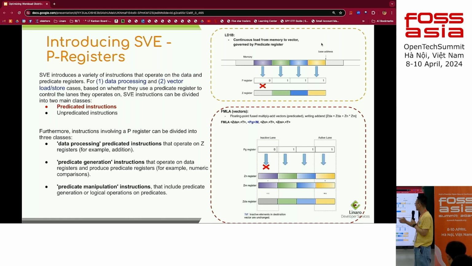There is another example, a multiply-and-add instruction. Here we can see that with this mask, lanes 0, 1 and 2 will be processed, while lane 3 is masked and goes unchanged.